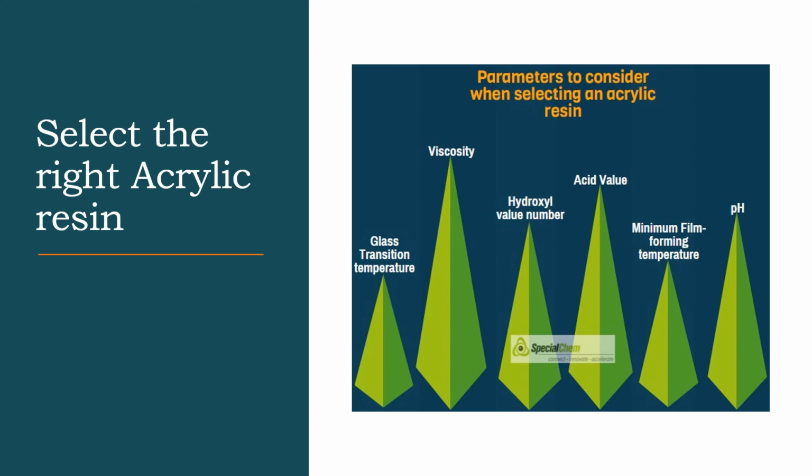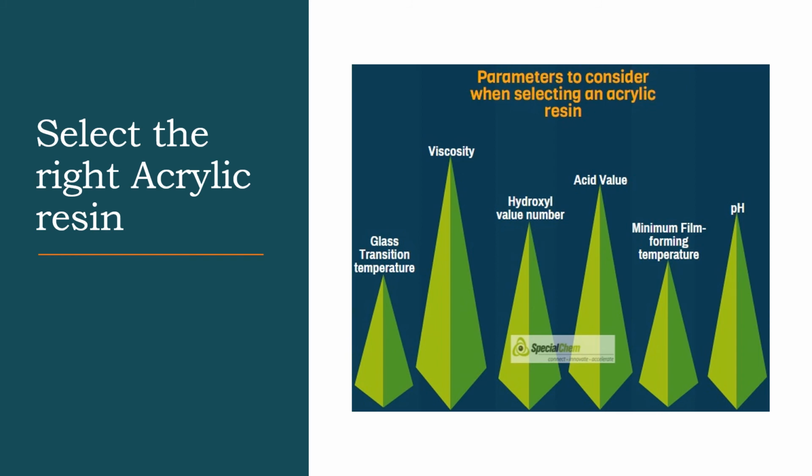Then coming on hydroxyl value number. The hydroxyl value number is an indicator of the reactivity of the acrylic resin, meaning the functional groups with hydroxyl functions, how many OH groups or COOH groups are available in your resins.